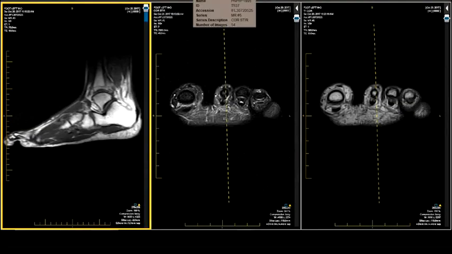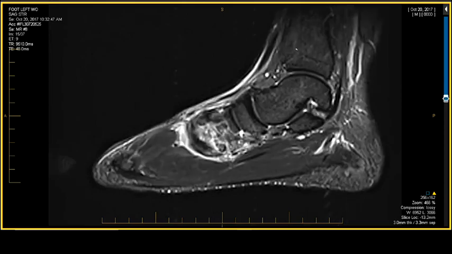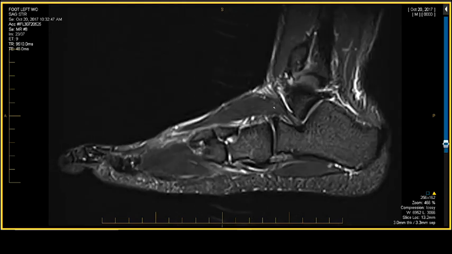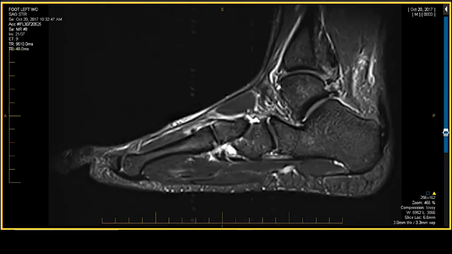21-year-old male with left anterior medial foot pain since a football injury 7 days ago. We've got a marker in the area of pain. Let's go immediately to the sagittal. I'll speed up now a little bit. This is a PD stir.